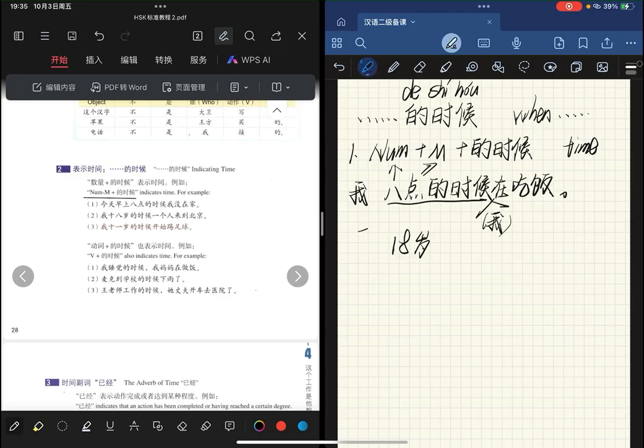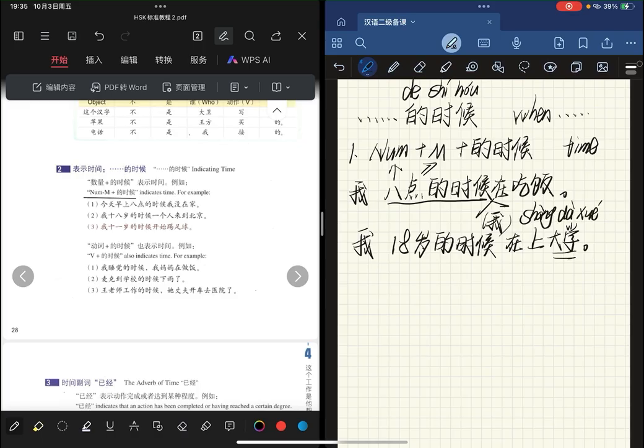I can say this sentence: 我18岁的时候在上大学. 上大学 is to go to college. 大学 is university, college. 上大学 means go to the university, go to college. 我18岁的时候在上大学.